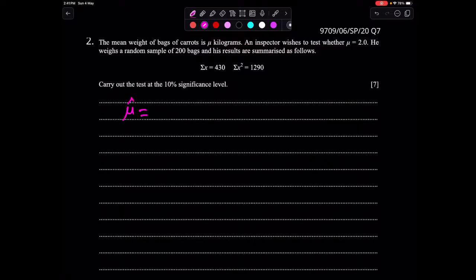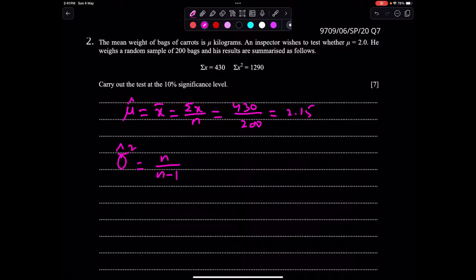So mu cap x bar sigma x over n. This is 430 over 200, which is 2.15. Now sigma cap square. It's n upon n minus 1 sigma x square over n minus square of mean.